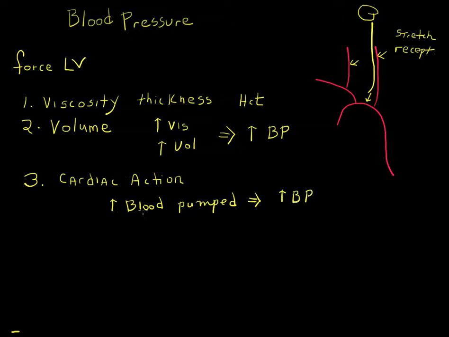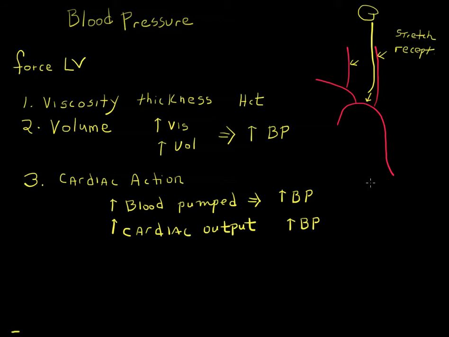And we have a way of describing how much blood is pumped out, and we term that the cardiac output. So if the cardiac output goes up, the blood pressure goes up.